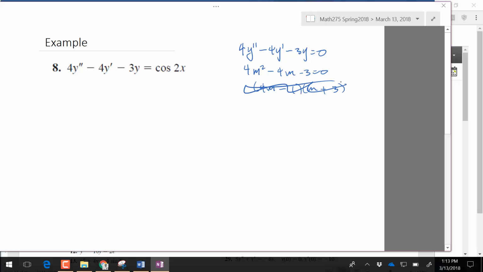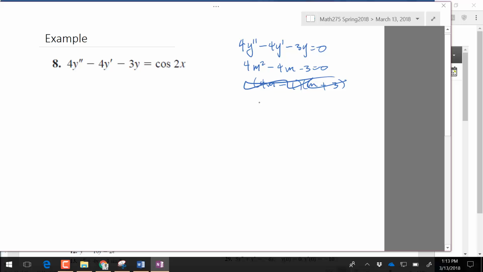No. Did it work? No. Well, when all else fails, you could just do the quadratic formula.